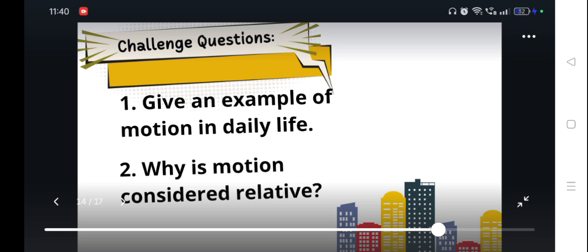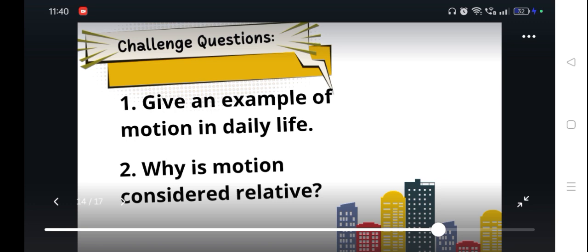At this point in time, I am giving you challenge questions that help you think about the concept of motion and reference point. You're going to write your answers in one-half crosswise. Question number one: give an example of motion in daily life.